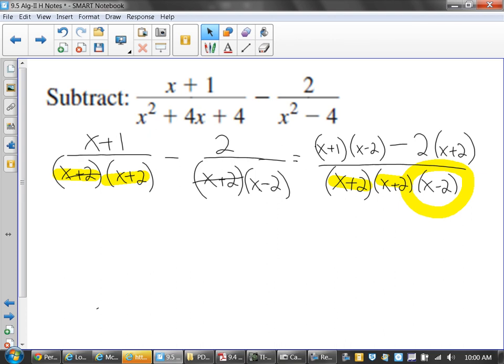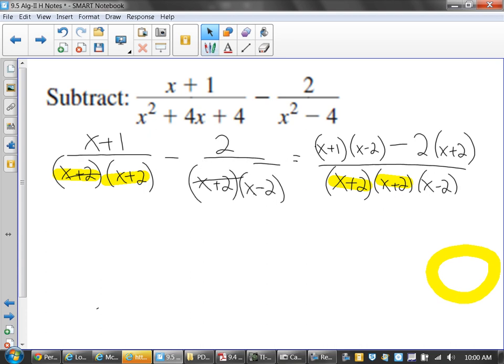So I take that extra x minus 2 and I multiply it up here. The other one was missing the other x plus 2, that's why it had to be multiplied. If you keep going back to the idea of 2/3 plus 1/2, what is it missing? That's what we're looking at.